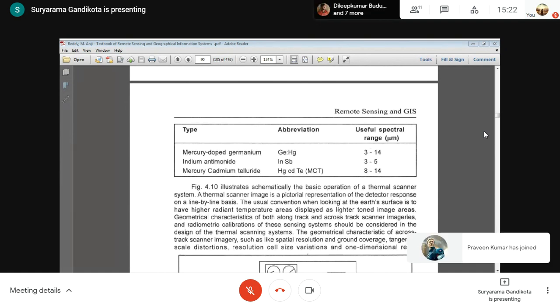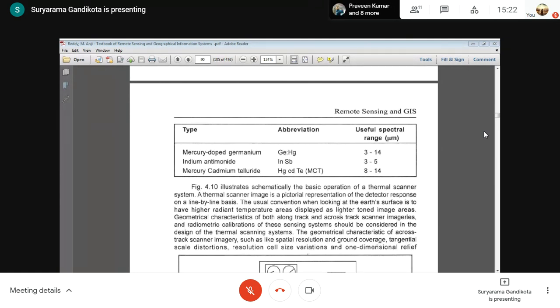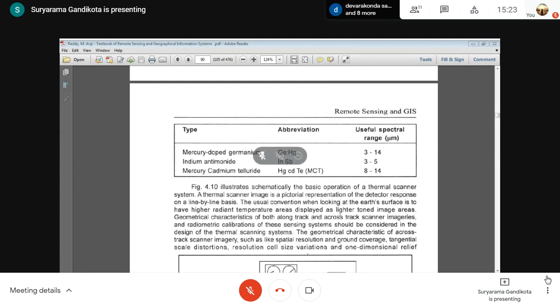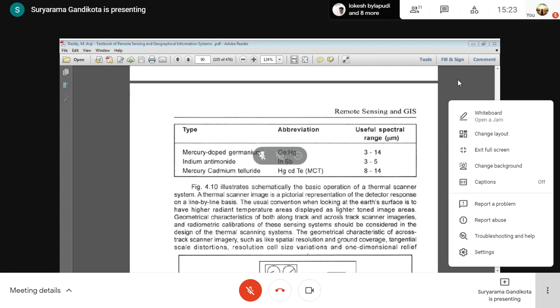First one is mercury doped germanium, abbreviated as GeHg. Ge stands for germanium and Hg for mercury. And it is useful in the spectral range of 3 to 14 micrometers.